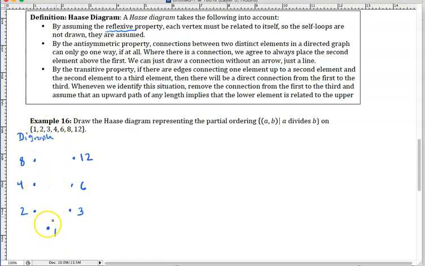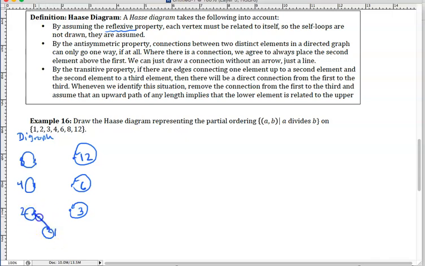Okay, so in the full digraph, because each number divides itself, we're going to have the self loops. So each of these is going to have loops. And now we're going to draw arrows from each of the numbers that divides into the other.